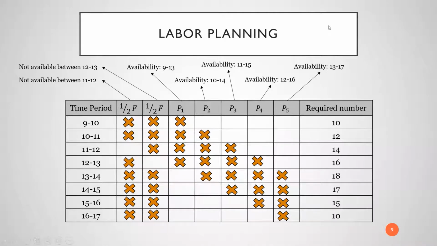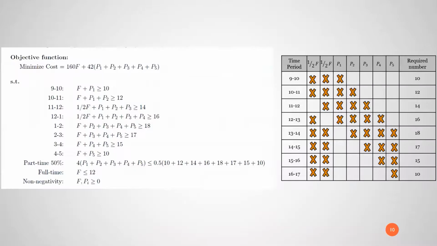In the objective function, as you can see, we are willing to minimize the cost of the system. $160 for each full-time employee plus $42 for each of the part-timers. Now we should focus on the constraints.